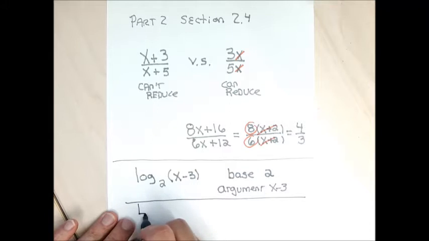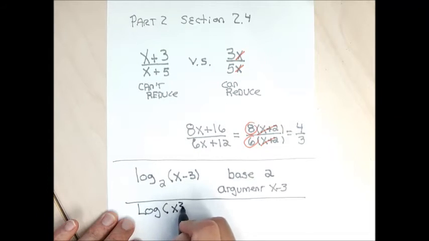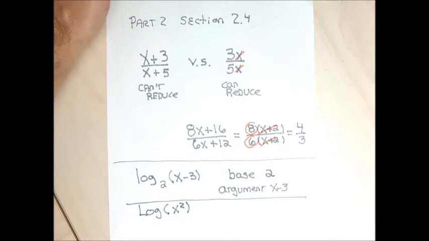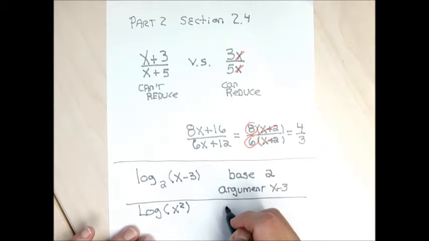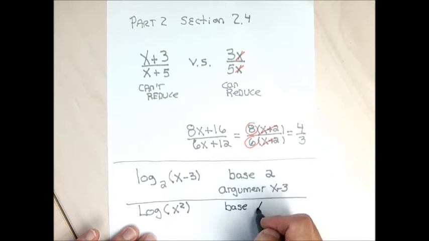Sometimes we'll write a logarithm like this, the logarithm of, how about like x squared. In this logarithm, the base isn't written, but it's assumed to be a 10. So if you see the word log and you don't see a base, the base is assumed to be 10.